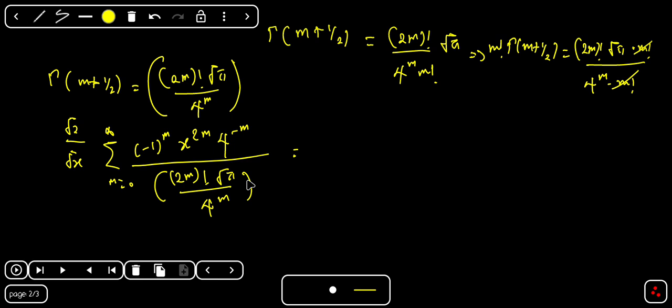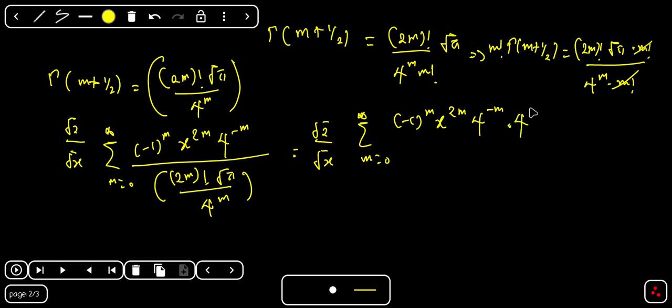This will be equal to square root of 2 over square root of x multiplied by the sum of m from 0 to infinity of minus 1 raised to the power of m, x raised to the power of 2m, 4 raised to the power of minus m, multiplied by 4 raised to the power of m, then everything over 2m factorial, then square root of pi. All right, so I can also bring out this square root of pi.